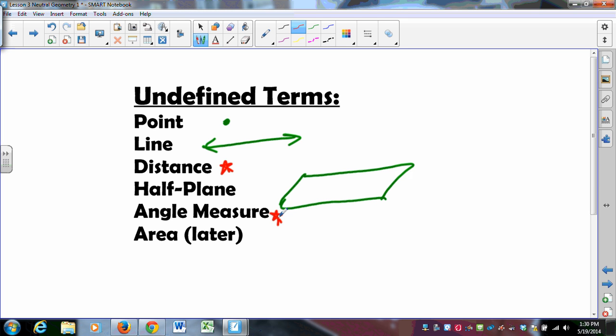We give a slight nod to him in this regard because if we can bring in distance and angle measure as undefined terms, then we can bring in a lot of our algebra and properties from the real numbers to help the geometry along.